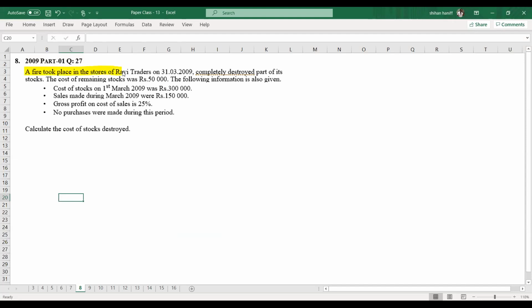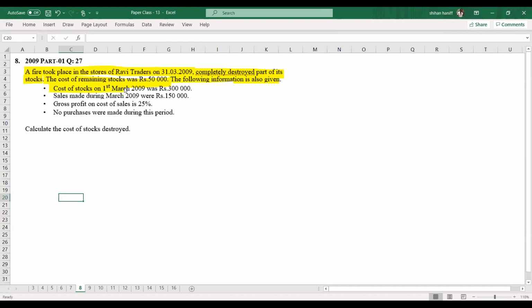A fire took place in the stores of Ravi Traders on 31st March 2019. End of the year. Completely destroyed part of its stocks. The cost of remaining stock was 50,000. The following information is also given.